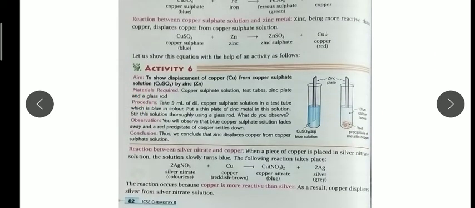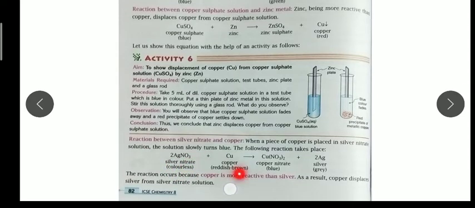The next displacement reaction is between silver nitrate and copper. When a piece of copper is placed in silver nitrate solution, the solution turns blue. The silver nitrate is a colorless solution, and the copper is reddish brown.